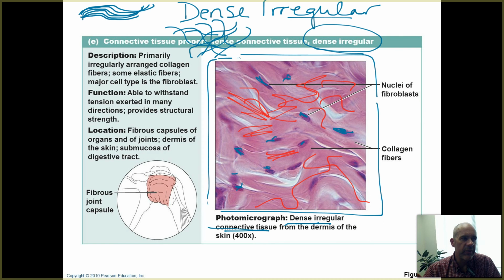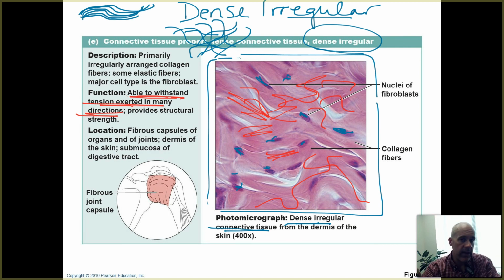You find these tissues in places where you need to be able to withstand tension in many different directions. So like in the skin, when we were talking about before, if you pull on your skin, you cannot just rip off a chunk of skin very easily, and that's because in the dermis of your skin, underneath the surface, you've got tons and tons of collagen fibers running in all different directions, so that helps resist pulling in multiple different directions.